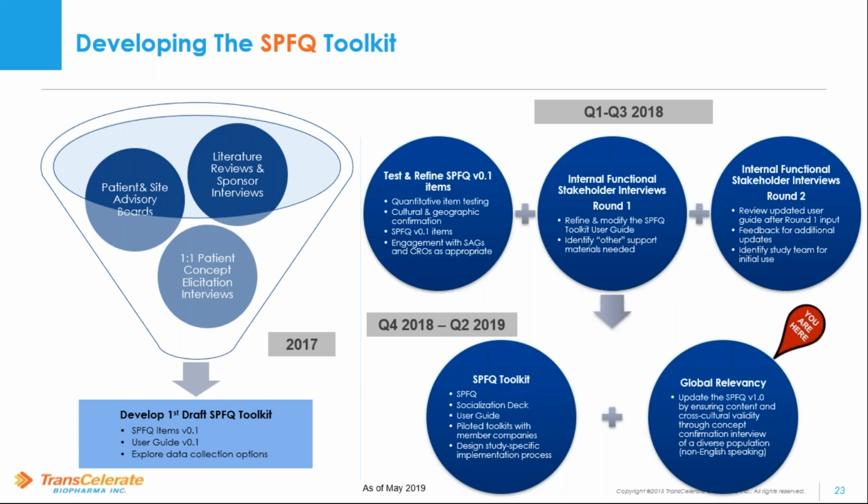So very briefly to describe it to you, on the left side, you see the funnel graphic. In the first version, the typical methodology is that we did literature reviews and a lot of interviews with the sponsors who would be implementing it. We talked with patients and clinical trial sites. We held advisory boards to understand what using SPFQ would mean for them and what their concerns were.